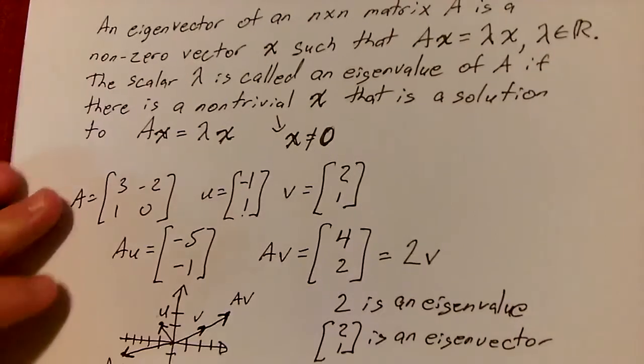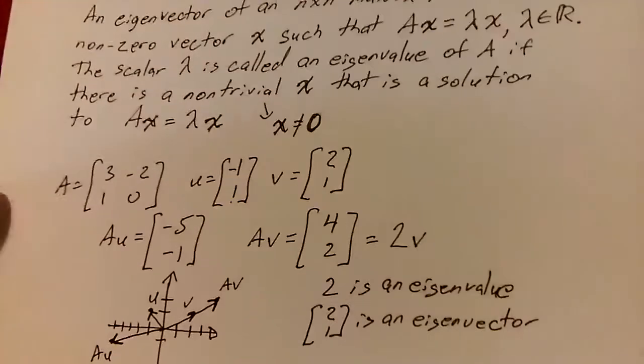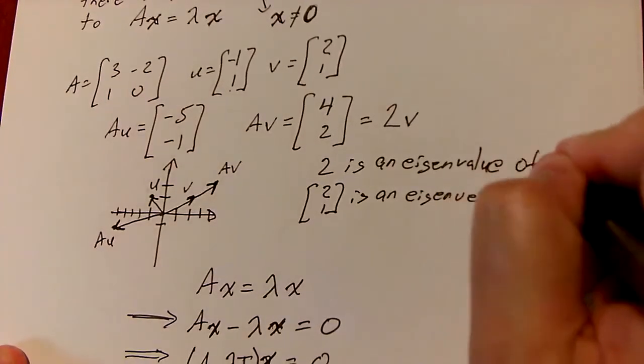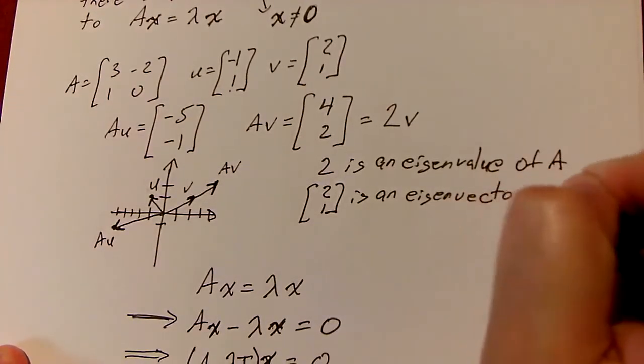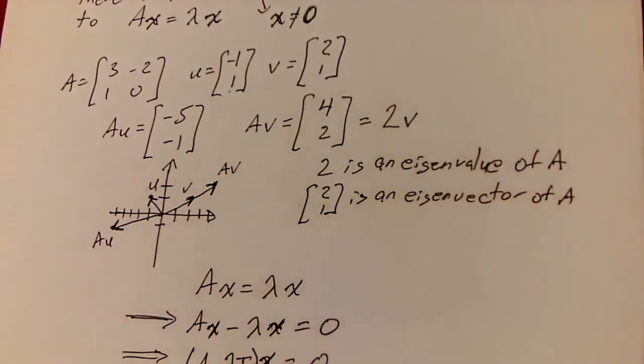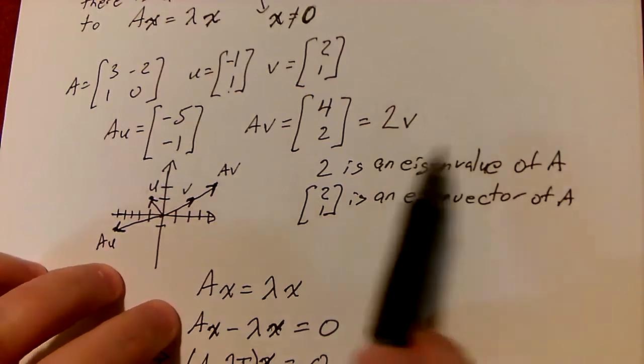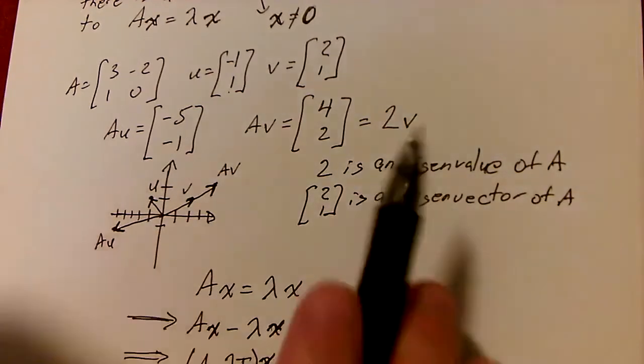So 2 is going to be an eigenvalue of this matrix. 2 is an eigenvalue of A, and 2, 1 is an eigenvector of A, but these correspond. So the eigenvalue goes with an eigenvector. This eigenvalue goes with this eigenvector, and this eigenvector goes with this eigenvalue. They're a pair.